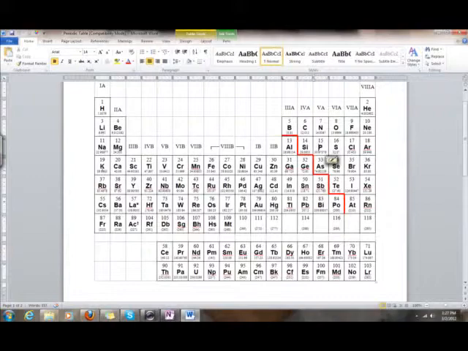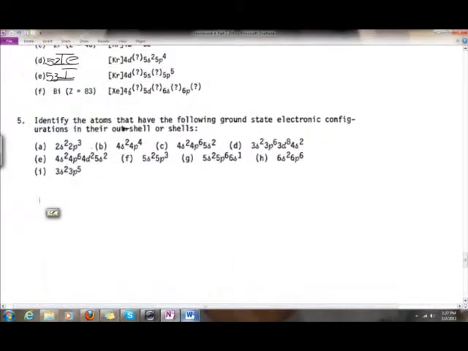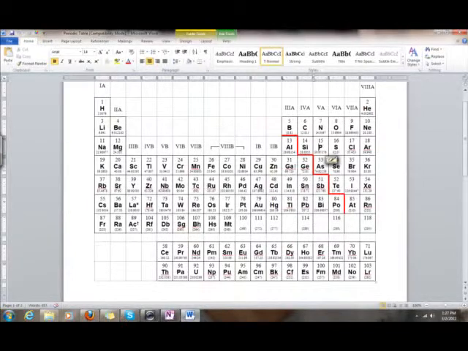1, 2, 3, 4, we are on 4 or 5, sorry. 4s2, 4p6, 5s2. You can put it because it's the prior, if you're on 4, right? 1, 2, 3, 4, and 5 in this case would be 5s2, right? They can write down 4s2, 4p, 1, 2, 3, 4, 5, 6.